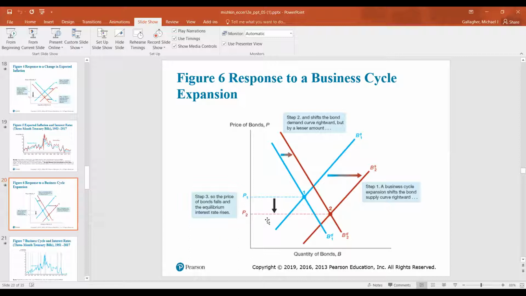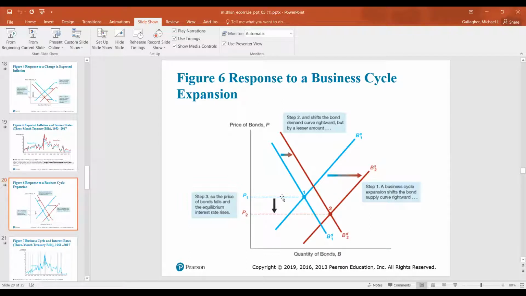So in an economic expansion, businesses are more likely to borrow. That shifts the supply curve to the right. Expansion in the economy makes people wealthier, so the demand curve shifts to the right.